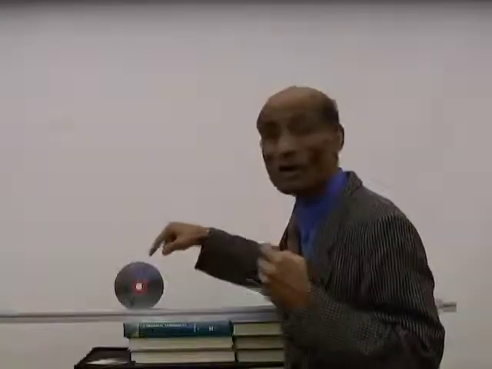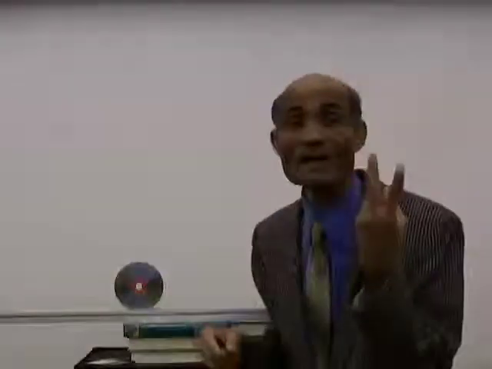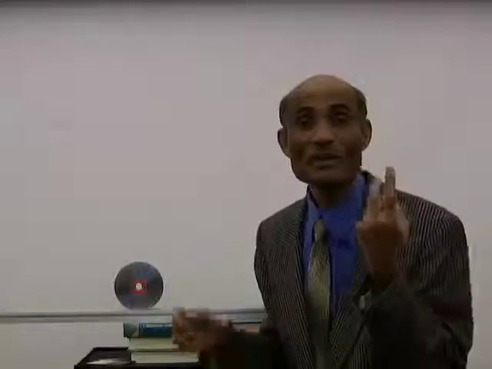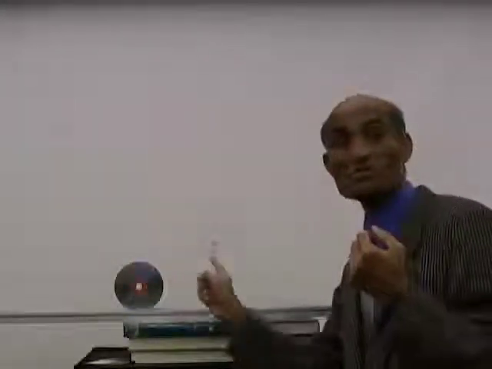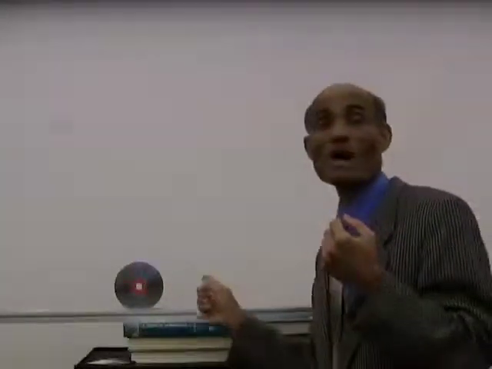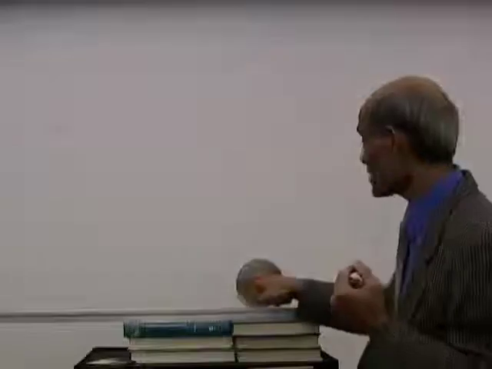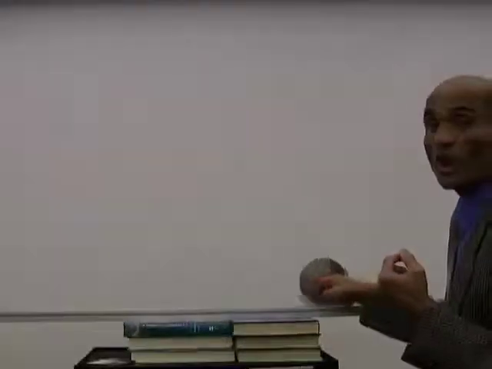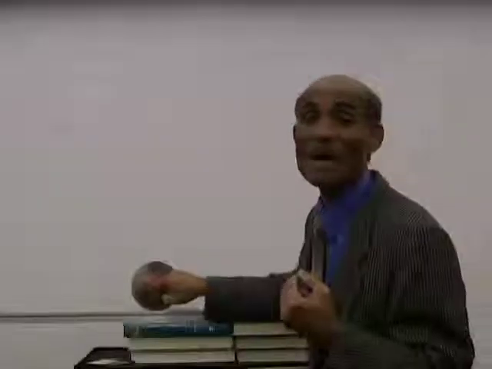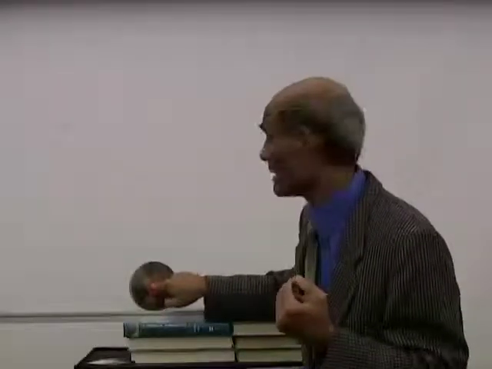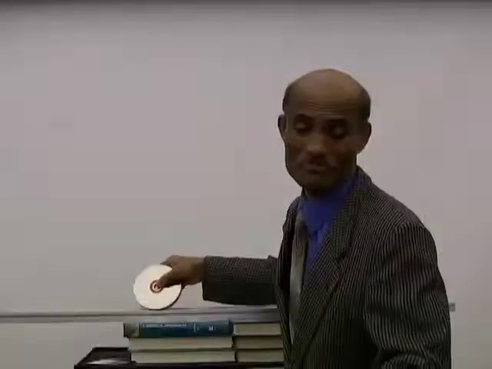So this rolling disk has two types of kinetic energies. It has a kinetic energy due to its rotation, 1/2 I omega squared, and it has a kinetic energy due to the translational motion of its center of mass, which is 1/2 mv squared, where v is the translational velocity of the center of mass.